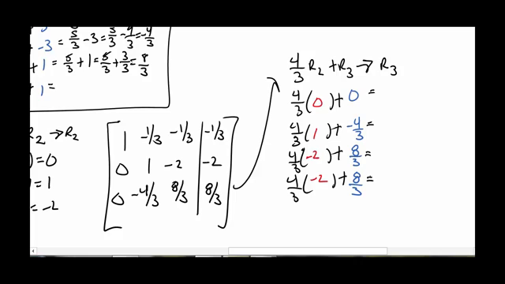All right, so that gives us 0 up top. That's good. 4/3 minus 4/3 is 0. Okay. Negative 8/3 plus 8/3. Uh-oh, 0. It's that moment. Negative 8/3 plus 8/3.